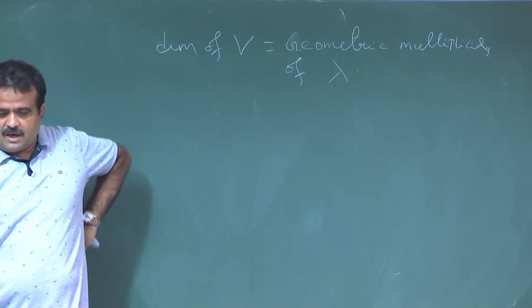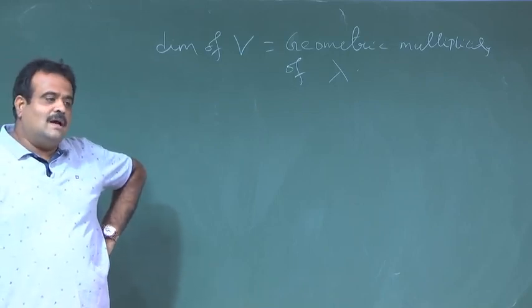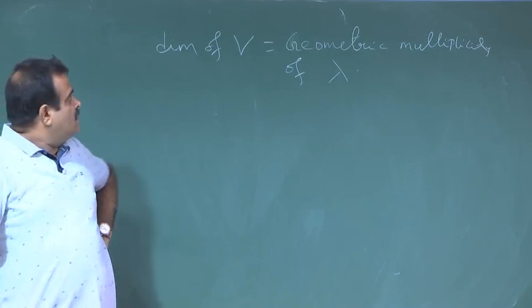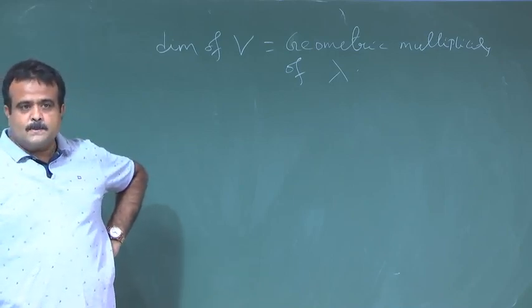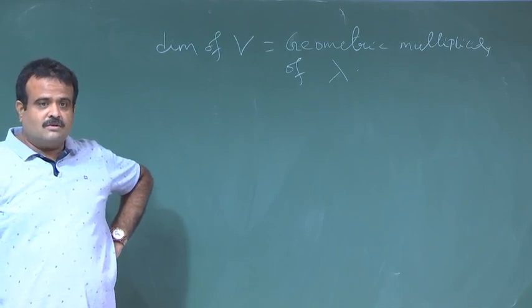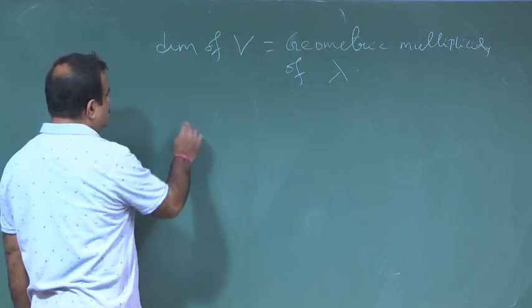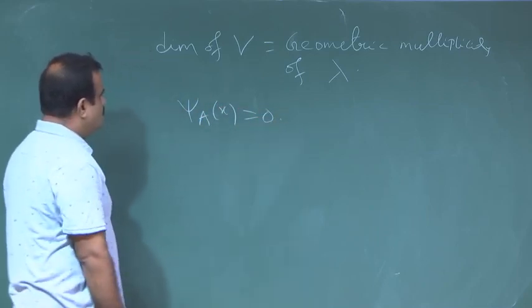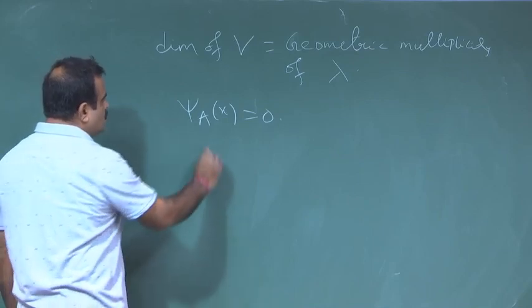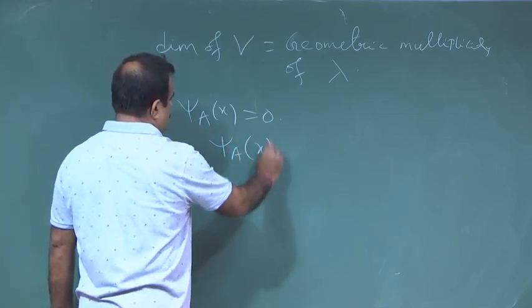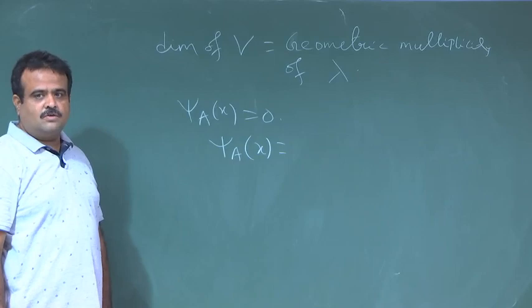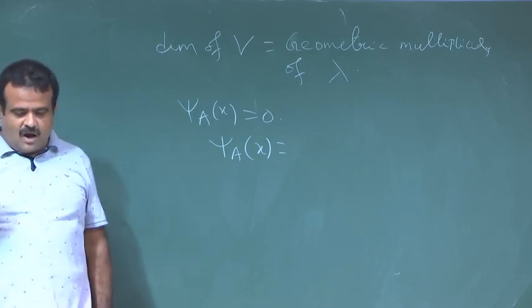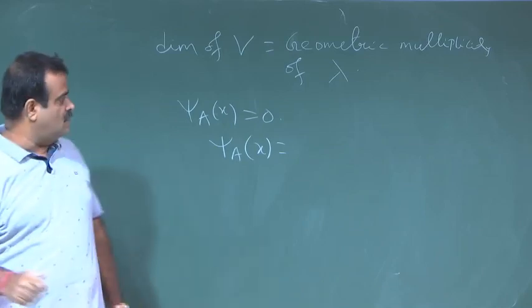Algebraic multiplicity is the number of times lambda is coming in the roots of this characteristic equation. So, that was the algebraic multiplicity. If this was the characteristic equation, and lambda is an eigenvalue, then lambda will be a root of this equation. If the root is of multiplicity r, that means lambda is coming r times in the roots.